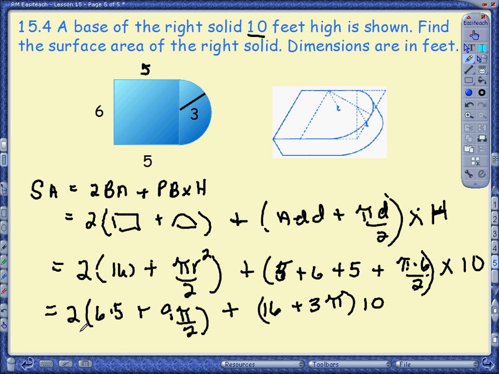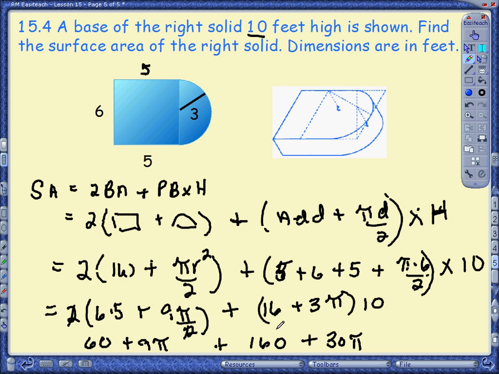This is going to be 2 times 30, which would be 60. The 2's will cancel when I multiply that by 2, so I'm going to have 60 plus 9 pi. 10 times 16 is 160, and 10 times 3 pi is 30 pi.